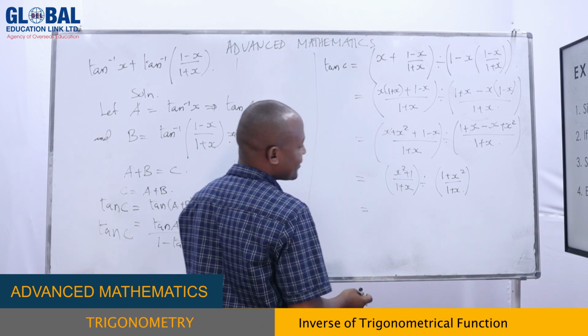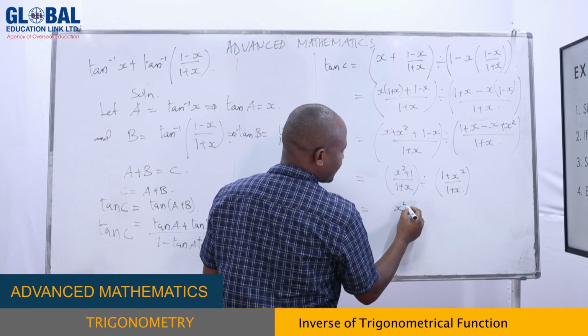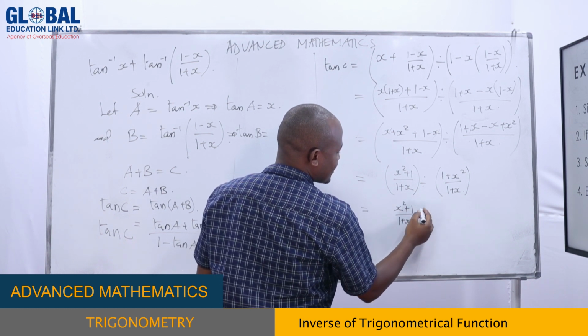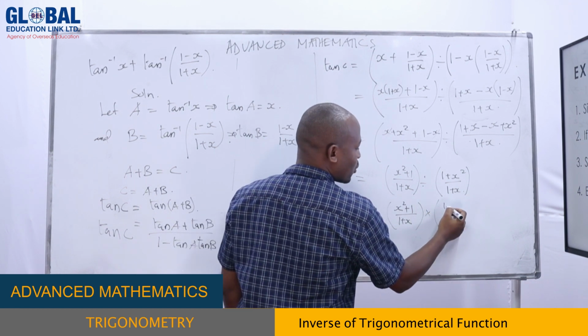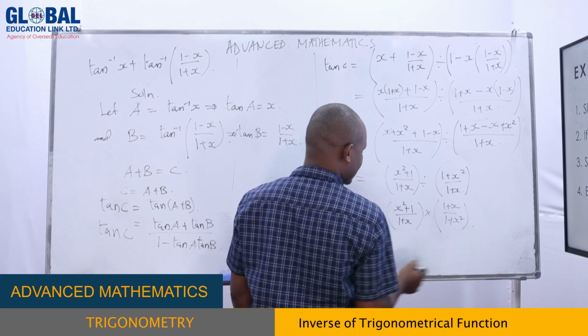After that, let's divide that. That means we have x square plus 1 over 1 plus x, all of this multiplied by 1 plus x over 1 plus x square.